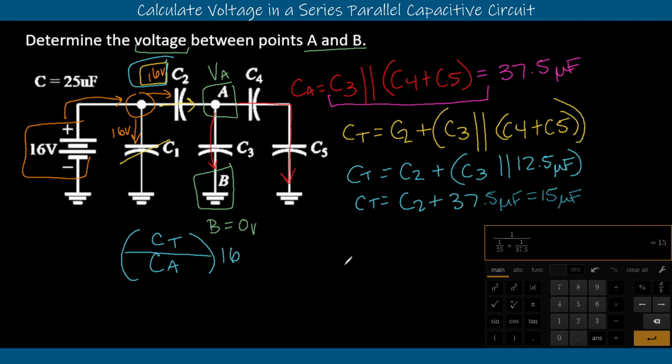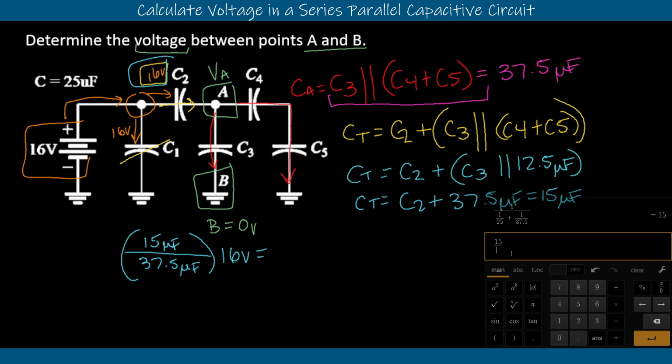We know both of those values, so we can plug those in: CT is 15 microfarads, and CA, which we calculated in the process of finding CT, is 37.5 microfarads, multiplied by 16 volts. That's going to give us the voltage drop across VA. Micro and micro cancel, so we divide 15 by 37.5 and multiply that by 16, and that's going to give us 6.4 volts.